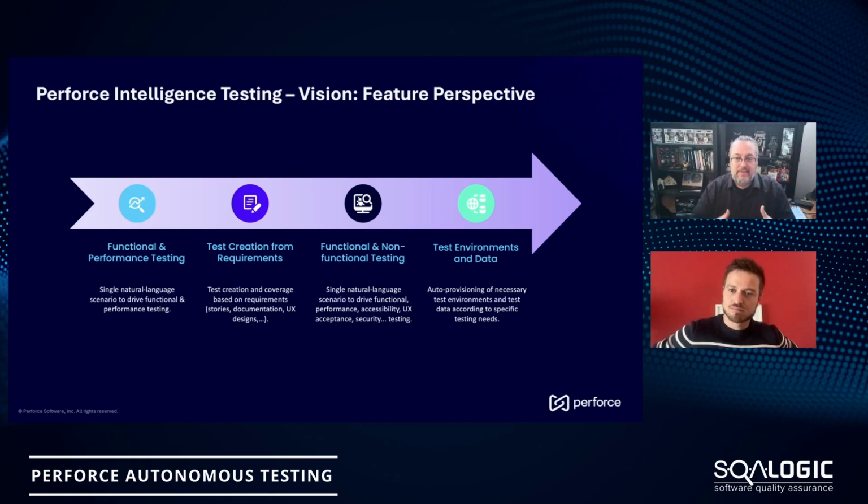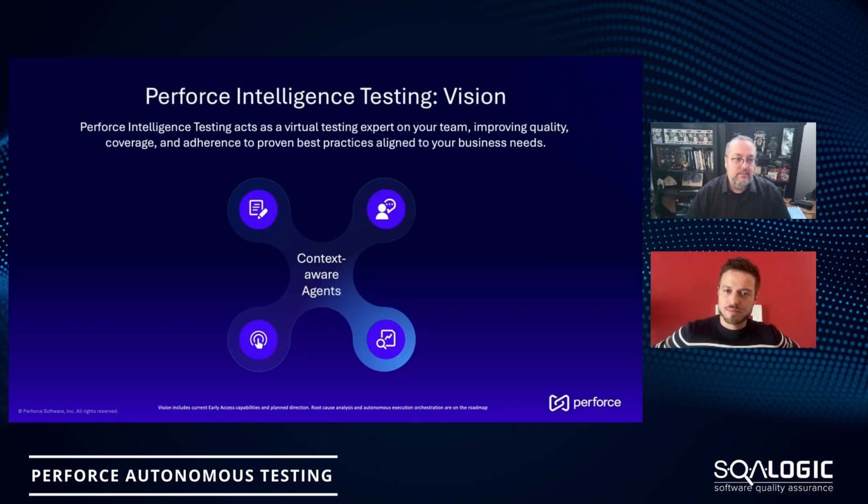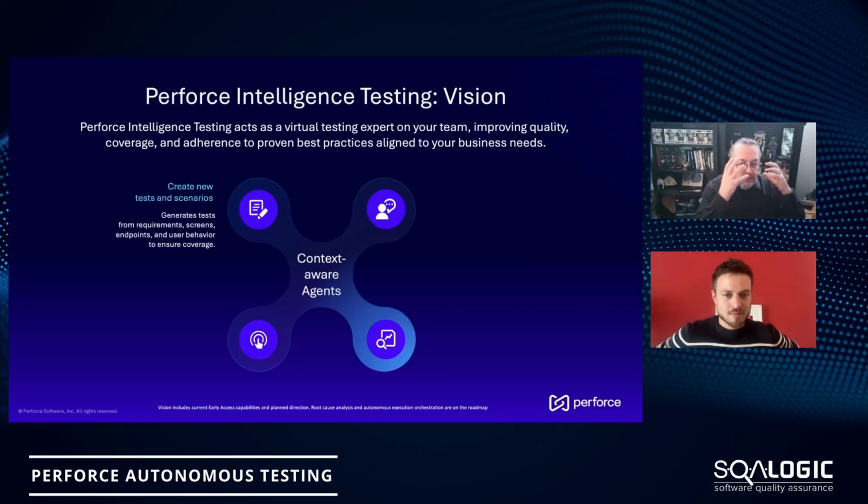Think about what that would save you from a cloud cost or a hypervisor cost. These are huge things that you'll be able to do, and that's theme number 4. So our vision for this is you'll be able to generate tests from whatever defines your applications: screenshots, videos, and the user behavior.